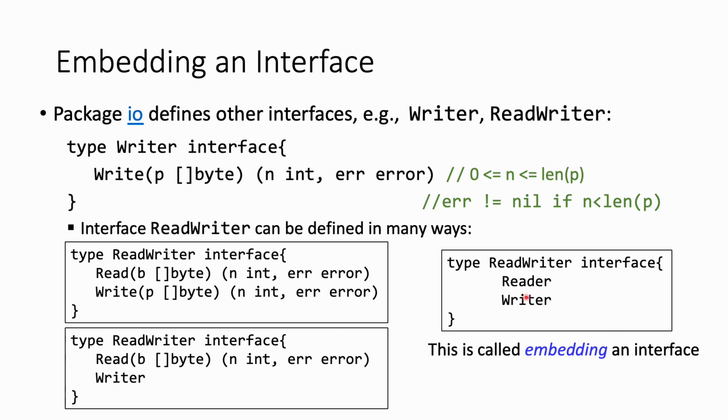Another way is to list both Reader and Writer interfaces instead of the Read and Write method signatures in its body. This syntax of defining the ReadWriter interface resembles struct embedding. It lets us name another interface as a shorthand for writing out all of its methods. This is called embedding an interface.